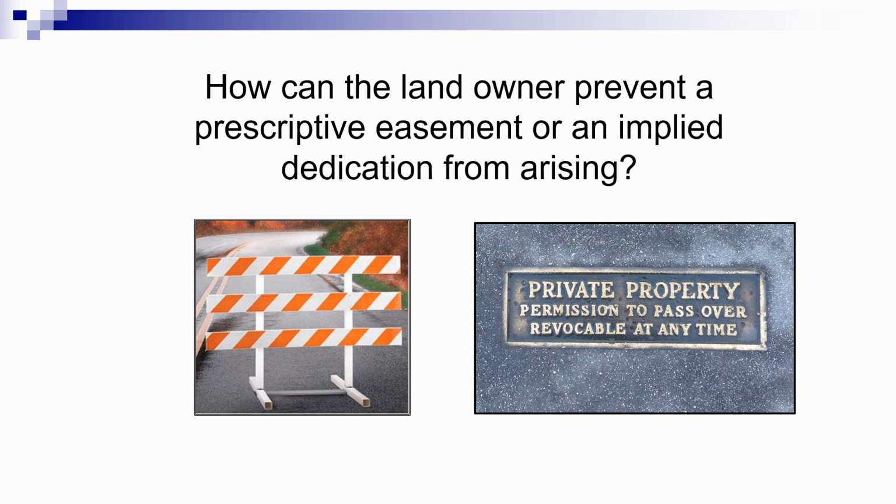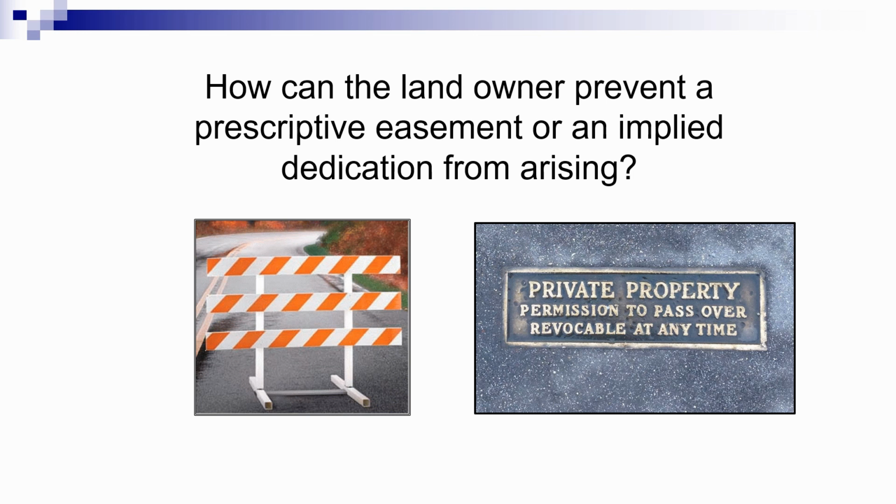For example, university campuses, in order not to allow a public easement to arise over the campus streets, will usually block off the campus streets with barriers one day a year. Often they will use the first day of January to do that, and they'll keep a record of it, maybe even take some photographs to show that they have done it. So that will interrupt the continuing use of the public.